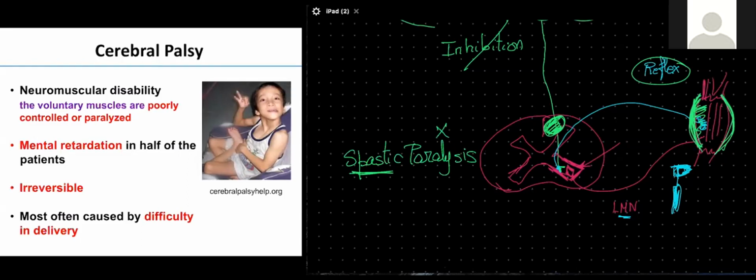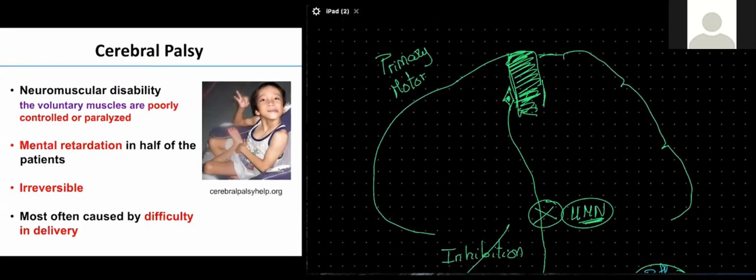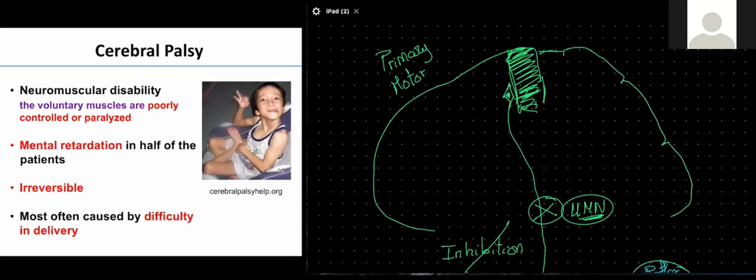So this is not a stroke. This is called cerebral palsy. Cerebral palsy is most likely going to be due to difficulty during labor. And as a result of this difficulty, the blood supply going to the brain has been disturbed. This disturbed blood supply to the brain is going to result in loss of those important cells, the upper motor neuron cells.